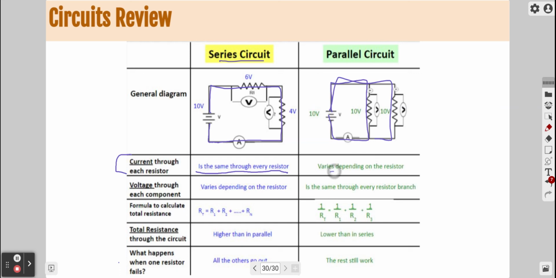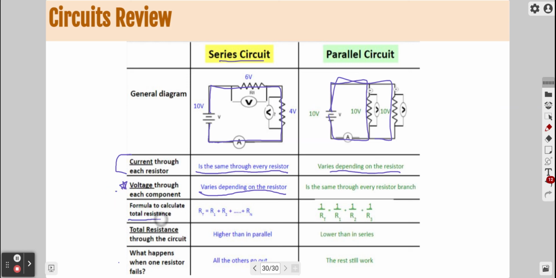And if it's parallel, it's just going to depend on the resistor how much current is going to go through there. We haven't done all this quite yet, but if you're talking about voltage, all the voltage is going to depend on the different resistors. Okay, yeah, that's something that's coming up.